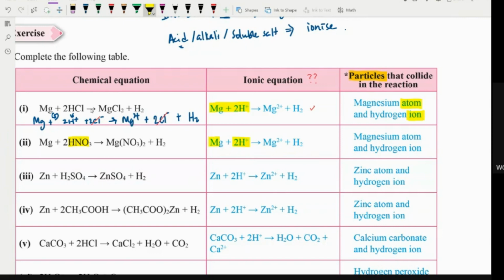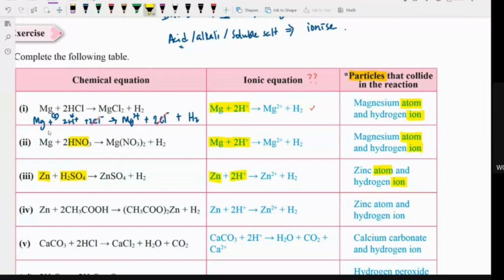So here also magnesium atoms collide with hydrogen ions. Next one, zinc with the acid again. Still the same: zinc atoms collide with hydrogen ions.